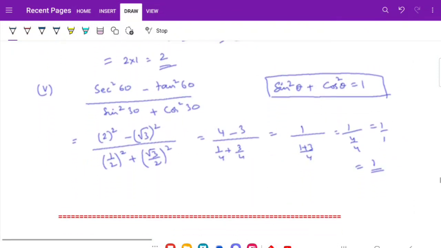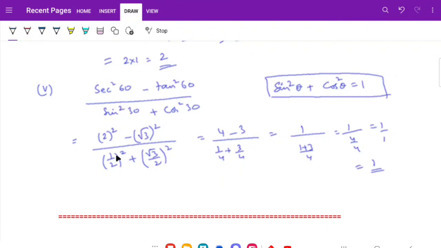In the fifth bit of the first question here, sec square 60 minus tan square 60 by sin square 30 plus cos square 30. What is sec square 60? Sec 60 is 2. Square here, sec square means take 2 square, minus tan square 60 means tan 60 is how much? Root 3. Root 3 whole square divided by sin square 30 plus cos square 30. This is 1 by 2 whole square, because sin 30 is 1 by 2.